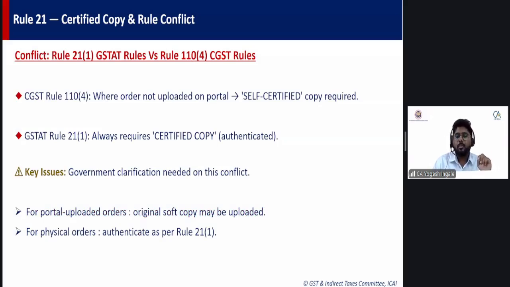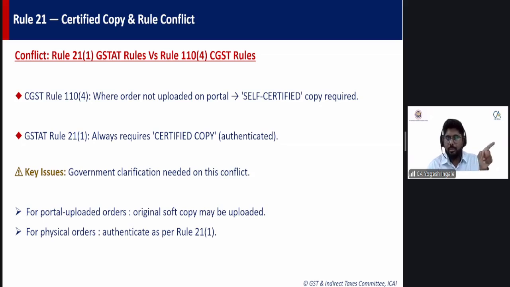Then in the beginning, we discussed that a few of these rules are going beyond the CGST rules. Now, Rule 21, we have already seen, certified copy. As far as Rule 110, Sub-Rule 4 of the CGST rules is concerned, where the order is not uploaded on the GST common portal, then you need to upload a self-certified copy.